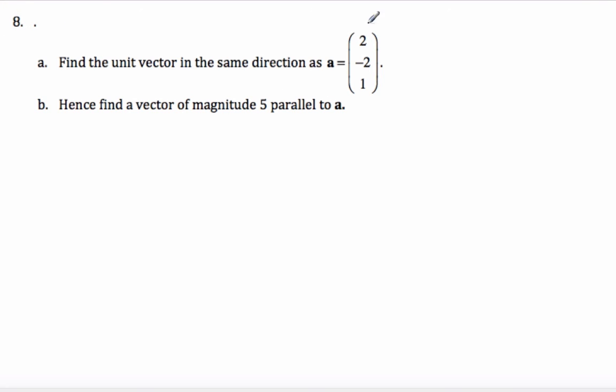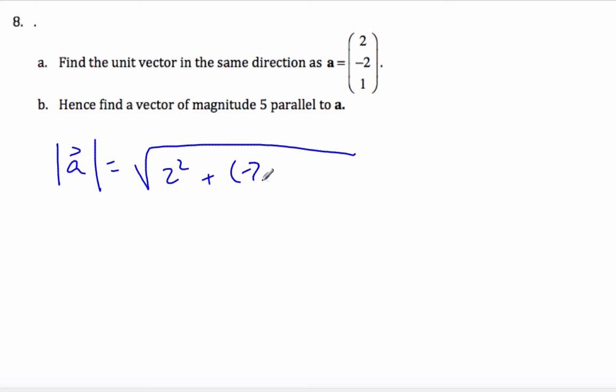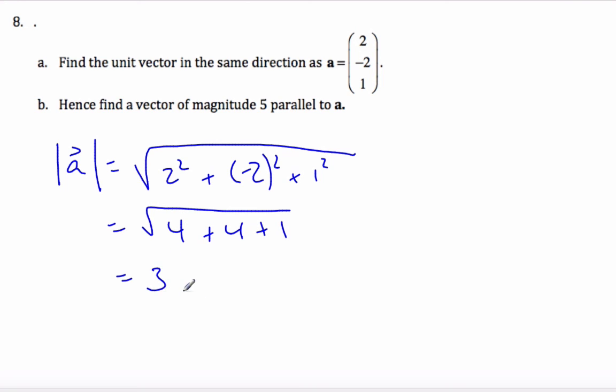So if I want to find the unit vector in this direction, I have to first find the magnitude of a, which is going to be from my formula 2 squared plus 2 squared plus 1 squared. So I get 4 plus 4 plus 1, which is 9, and the square root of 9 is 3.